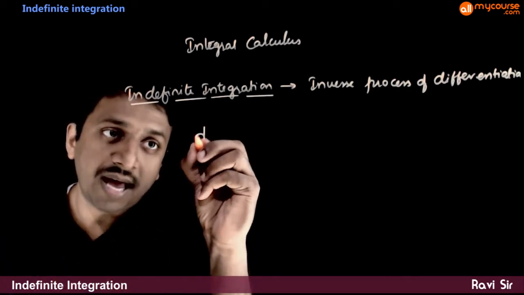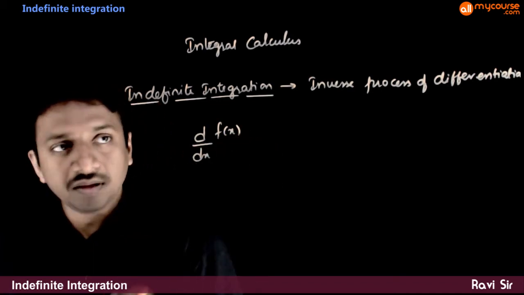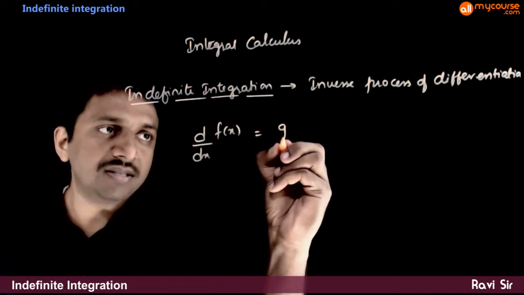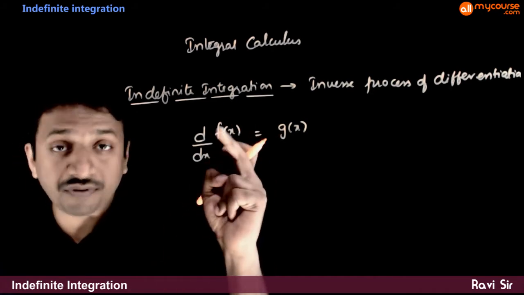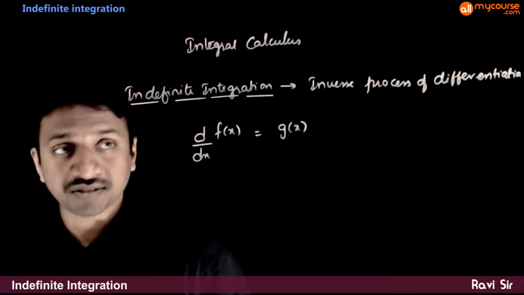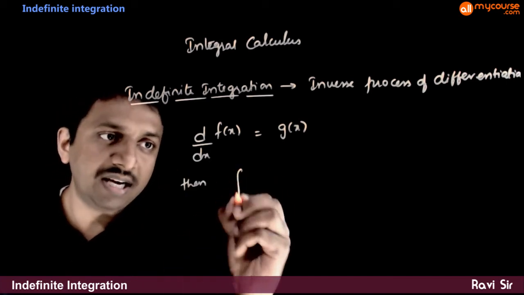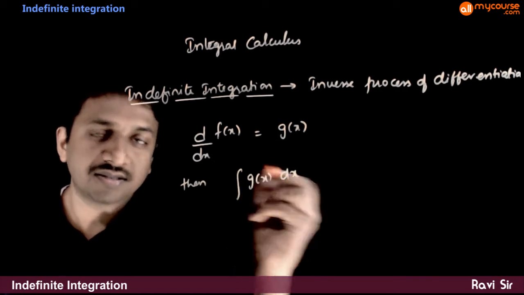So if you have a function f of x, and if d by dx of f of x is the function g of x, that is, if the differentiation of f of x is g of x, then we write integration of g of x dx.